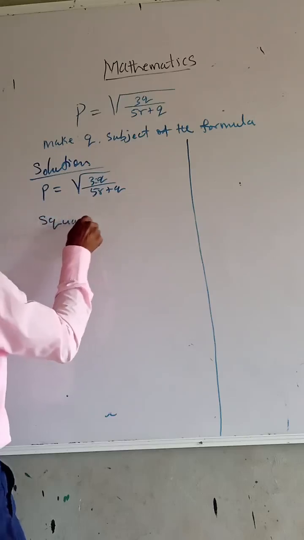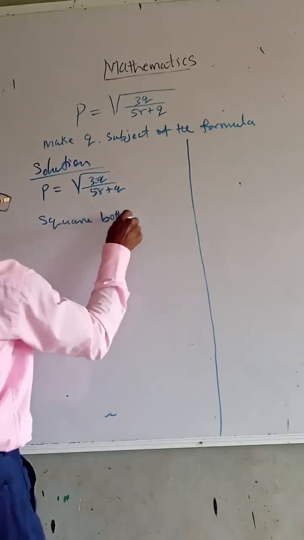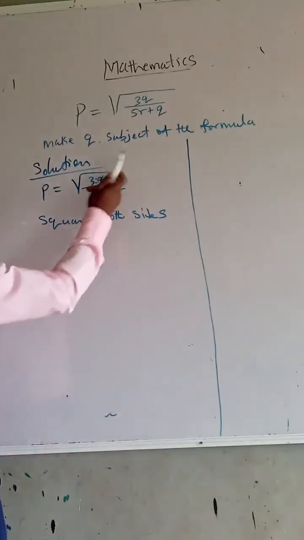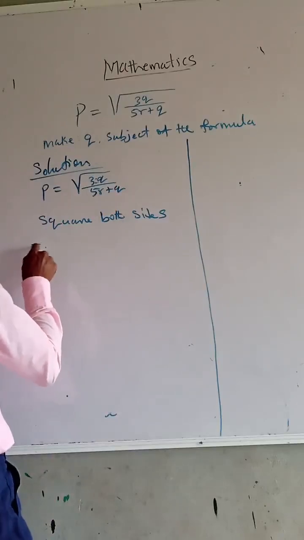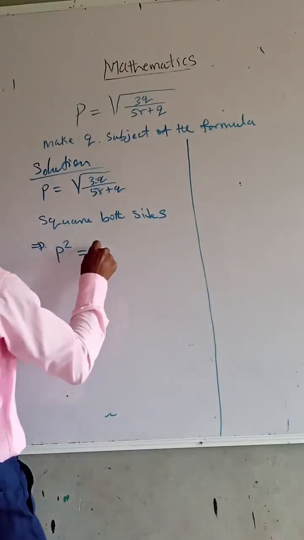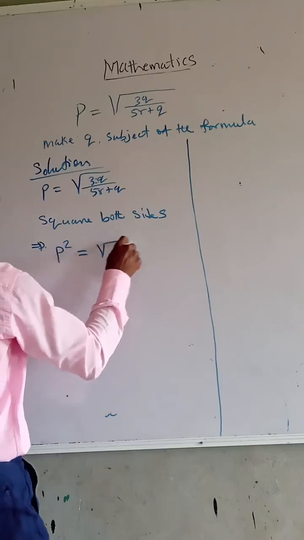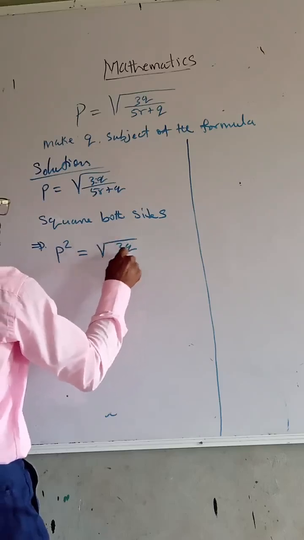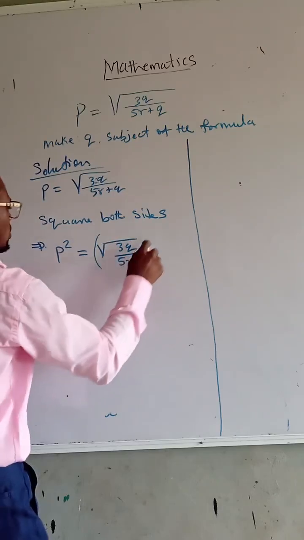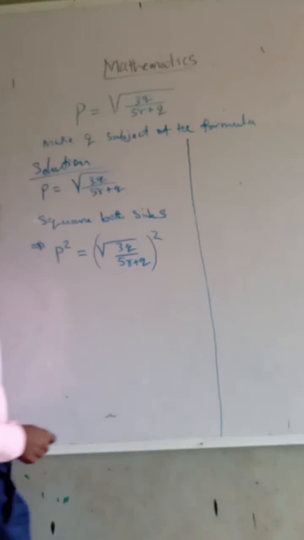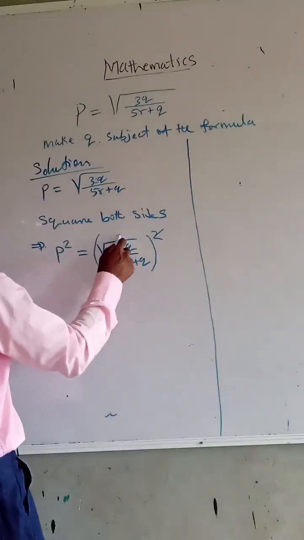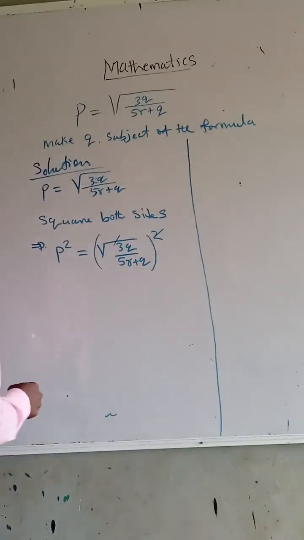Square both sides. To square both sides, we have p squared equals the square root of 3q over 5r plus q, all over 2. I've squared both sides such that this will cancel this. Okay.